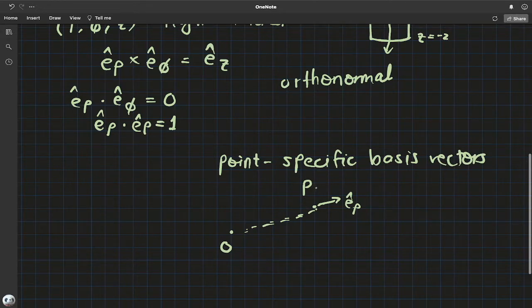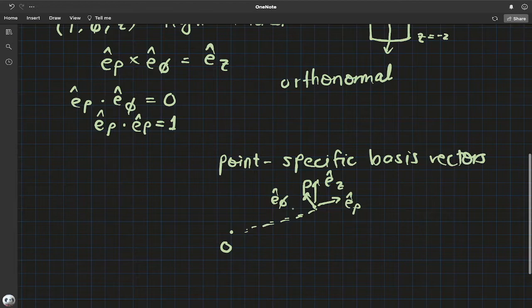Ez hat is like before, in the z direction, and e phi hat is orthogonal to these. It's in the direction where phi increases.